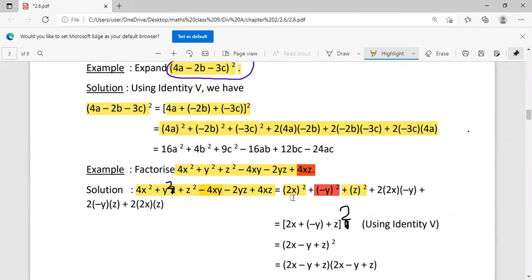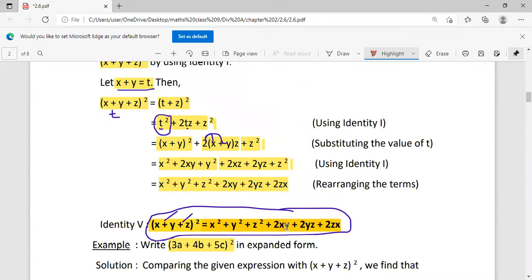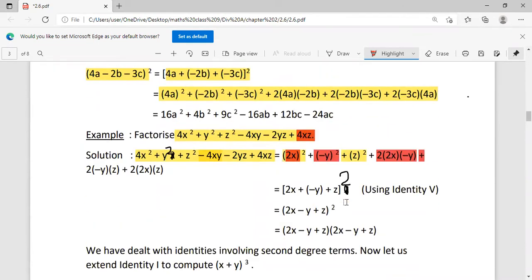Then what is x? X is being written as 2x. So we can write 2 into 2x. And y we have found as minus y. So we are just writing minus 4xy as 2 into 2x into minus y. Again, we are writing plus sign because we only know this identity with plus sign. That's why we are doing so. Okay.